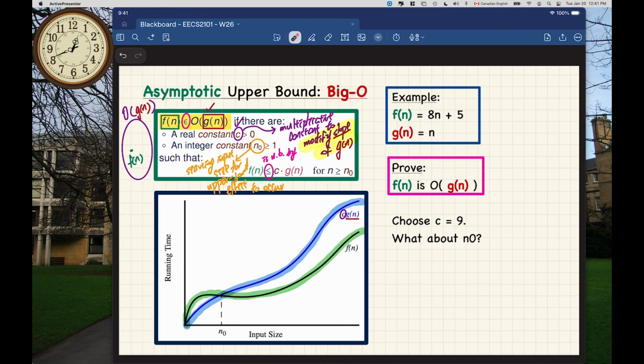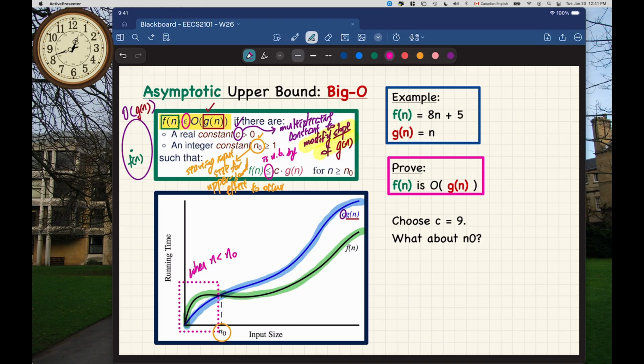What I will do is, first of all, let's see when the upper bound effect is not the case. This part here, I'm really talking about when the input size n is strictly less than n0. So n0 is right here, as the n0 we're talking about in the formal definition.